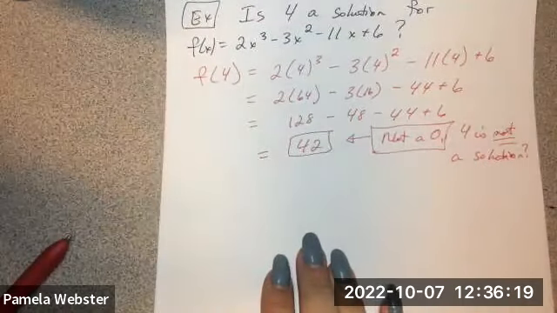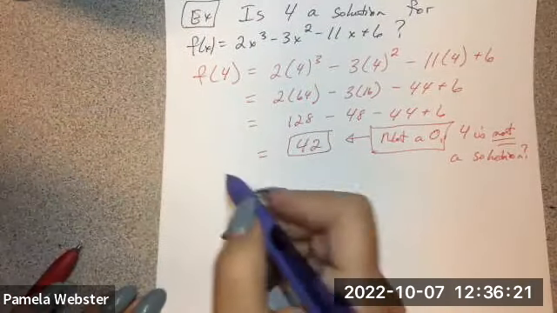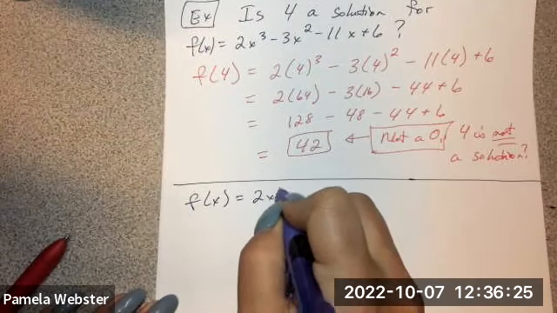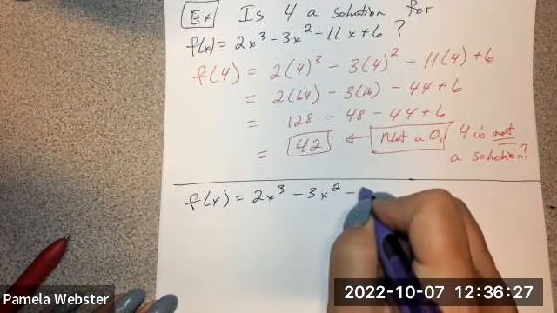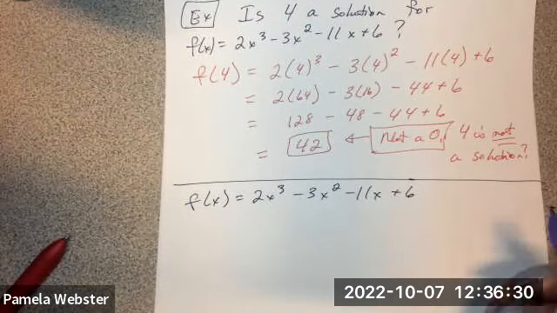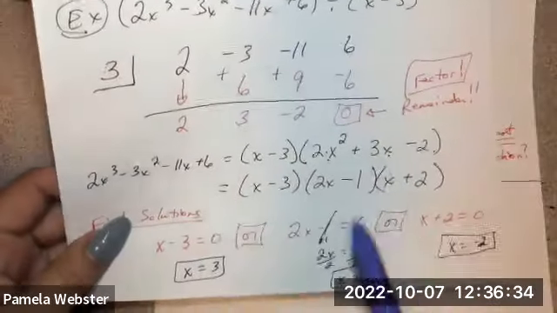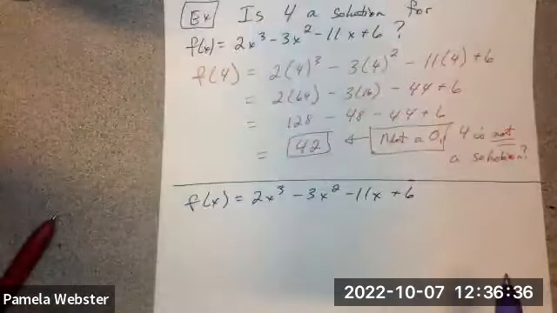That we just figured out, okay? So same function, f of x equals 2x cubed minus 3x squared minus 11x plus 6. But we know that this guy, x minus 3, is a factor. X equals 3 is a solution.